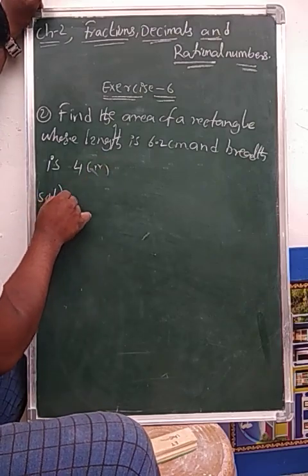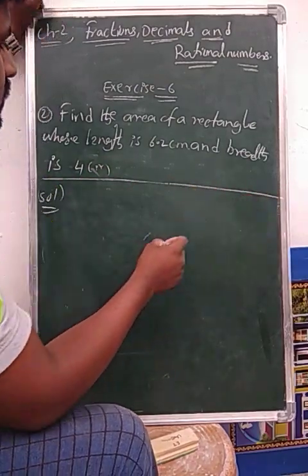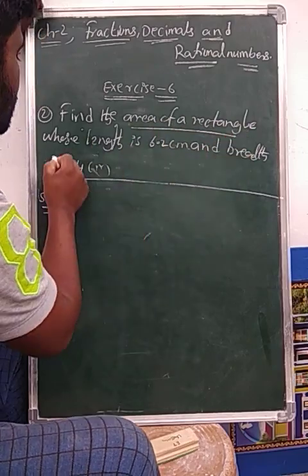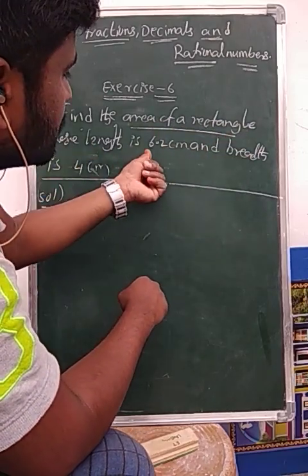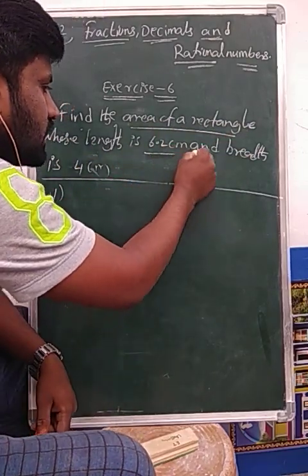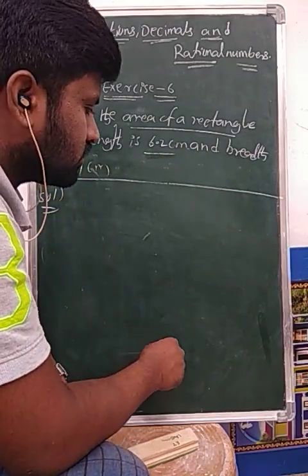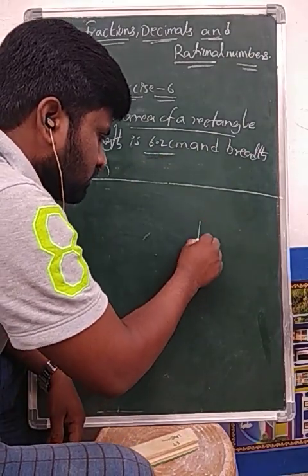So what is the area? Find the area of a rectangle whose length is 6.2 centimeter and the breadth is 4 centimeter. Draw the diagram for the rectangle.